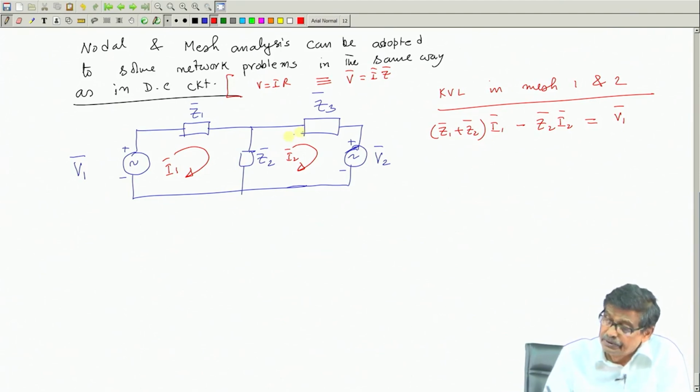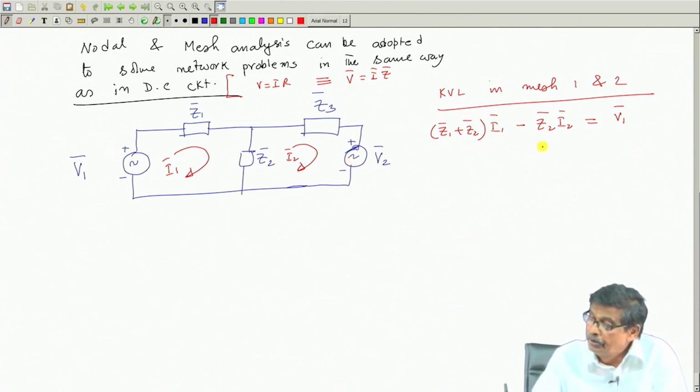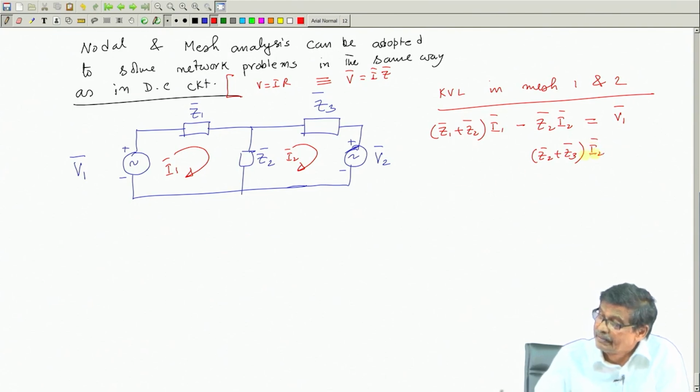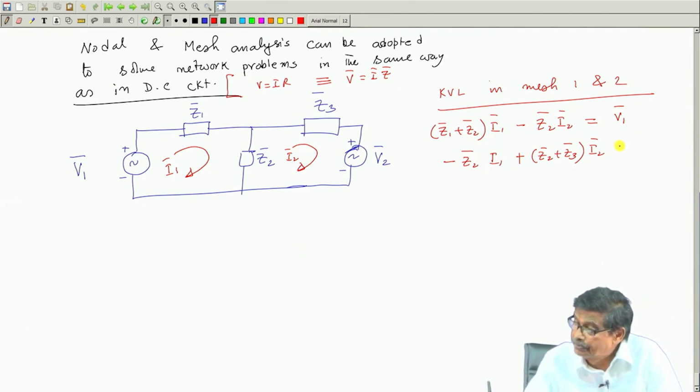Similarly, the second equation will be coefficient of I2 will be Z2 plus Z3 into I2. And coefficient of I1 will be minus Z2 into I1, and this is plus, and this should be equal to the source voltage, but here it should be minus V2.